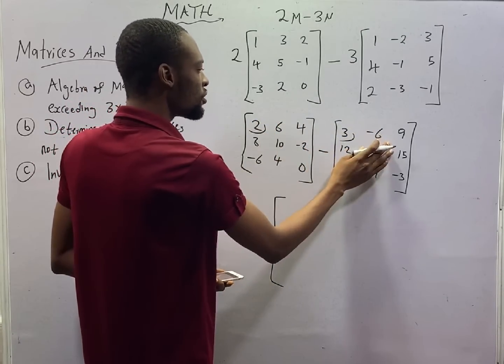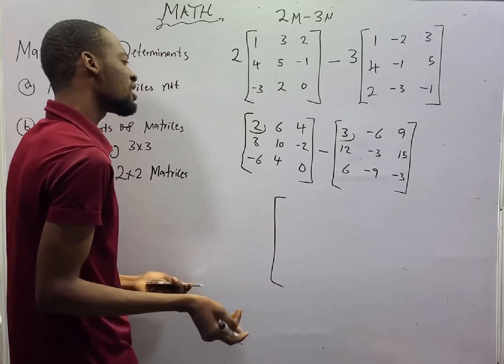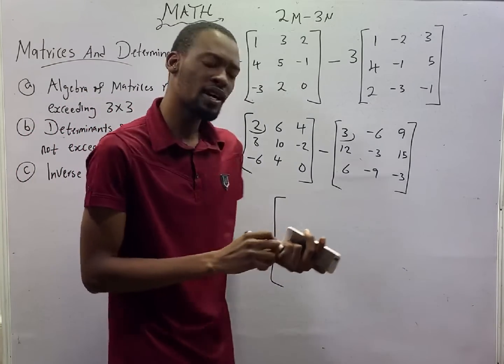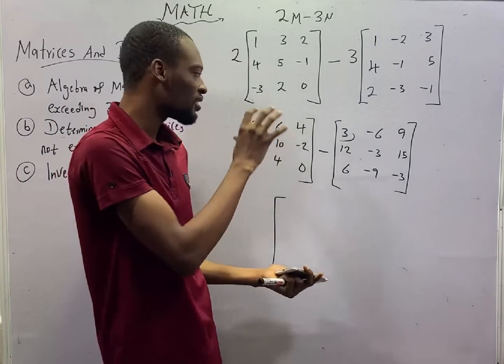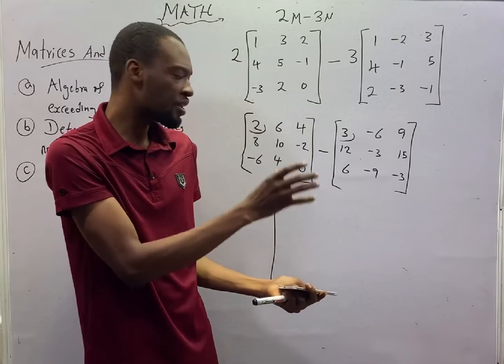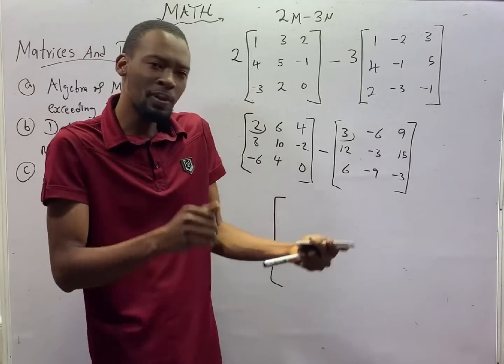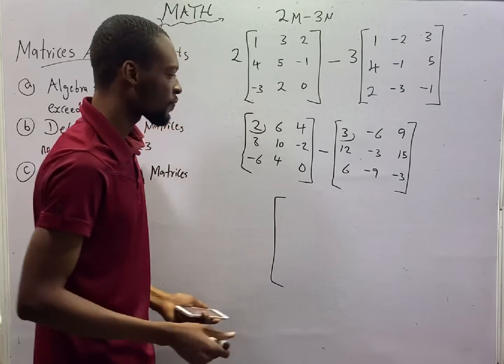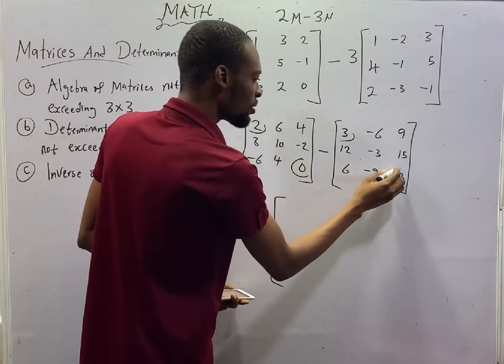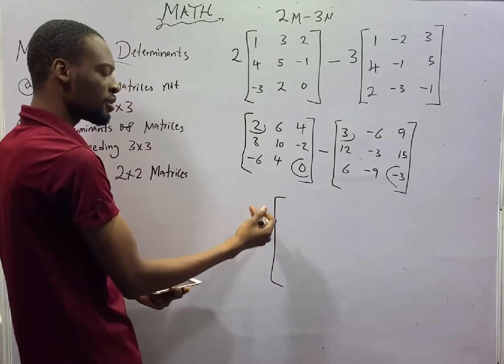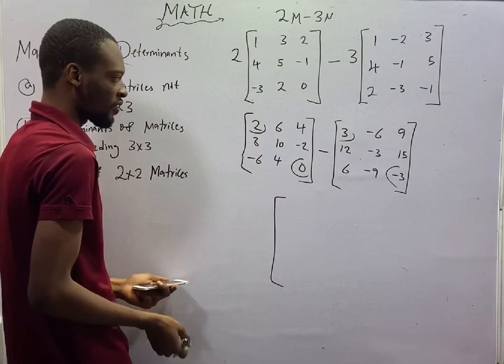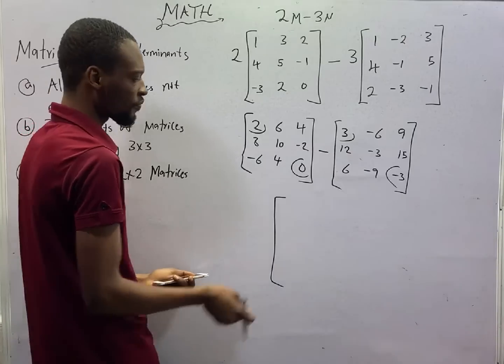This and this, same position. And this is actually easy because you can only operate on matrices when they are the same dimension. They must have the same rows and the same columns so that the ones standing in similar position will be operated on. For example, 0 here and minus 3 are in similar position. You subtract them. Now let's get back to business.